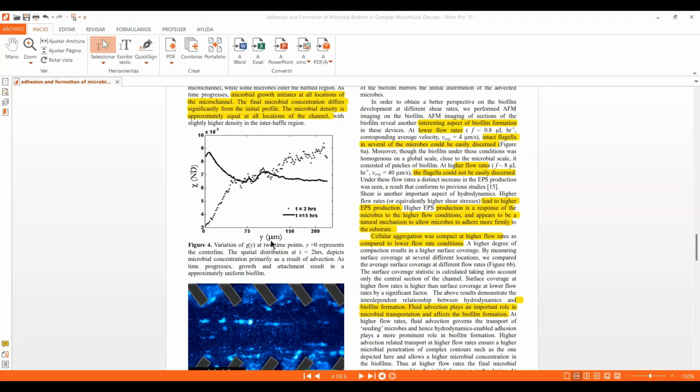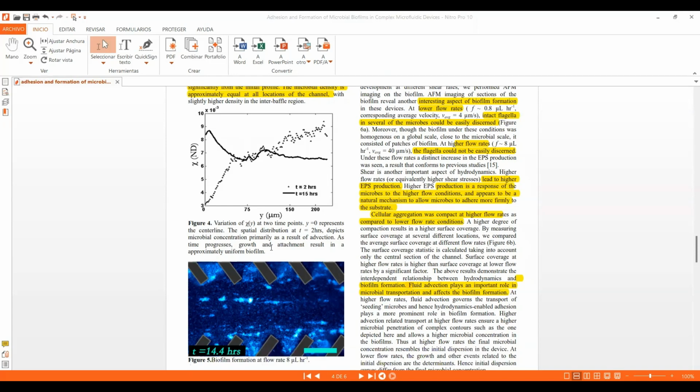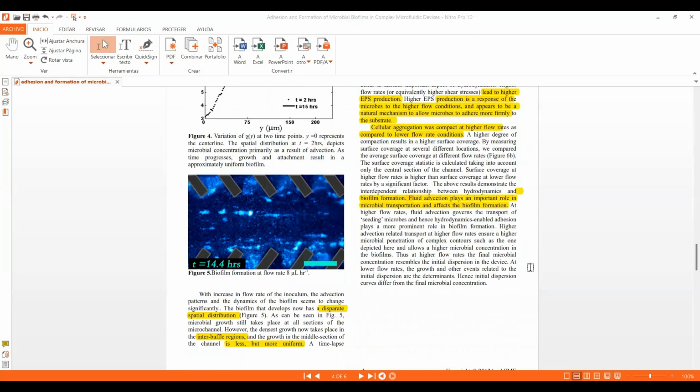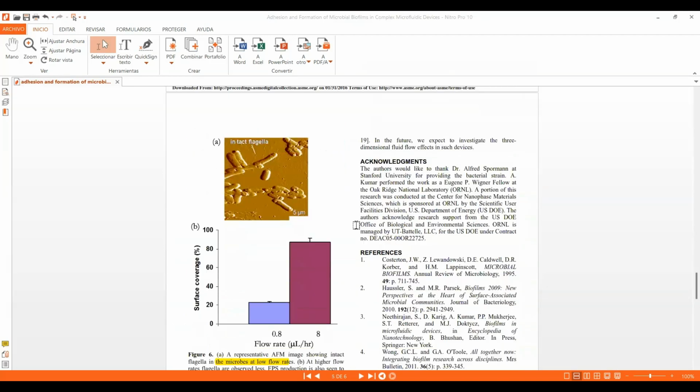For that, they conclude that the EPS production is a response of the microbes to the higher flow rate conditions and appears to be a natural mechanism to allow microbes to adhere more firmly to the substrate. So cellular aggregation was more compact at higher flow rates compared to lower flow rate conditions. For this, the fluid flow rate plays a very important role in microbial transportation and affects the biofilm formation.